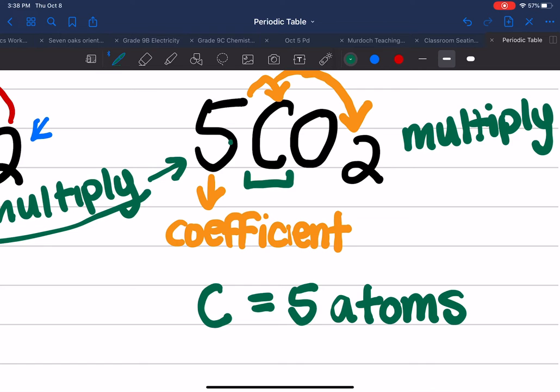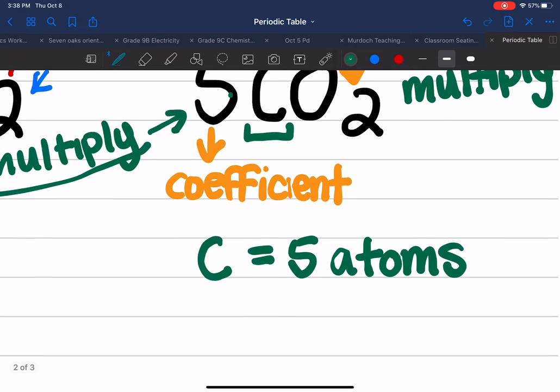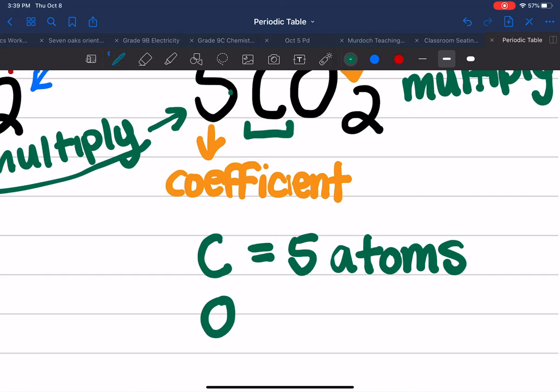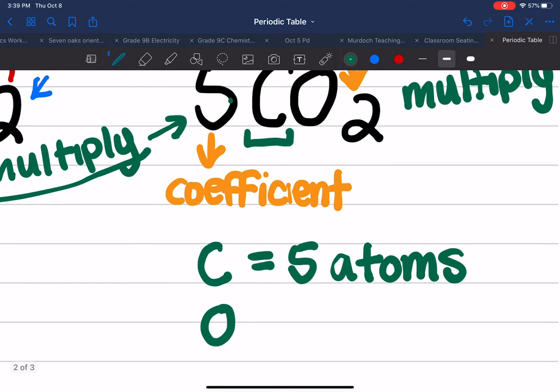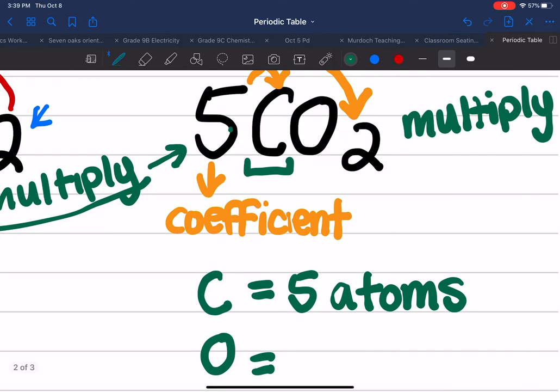Now, let's look over to this oxygen. We know that oxygen, a big O with no lowercase beside it, is an element from the periodic table. So oxygen, how many atoms are there? Well, 5 multiplied by the 2, that's the subscript right beside oxygen. Again, this subscript 2 does not apply to carbon because it is not in brackets, okay?